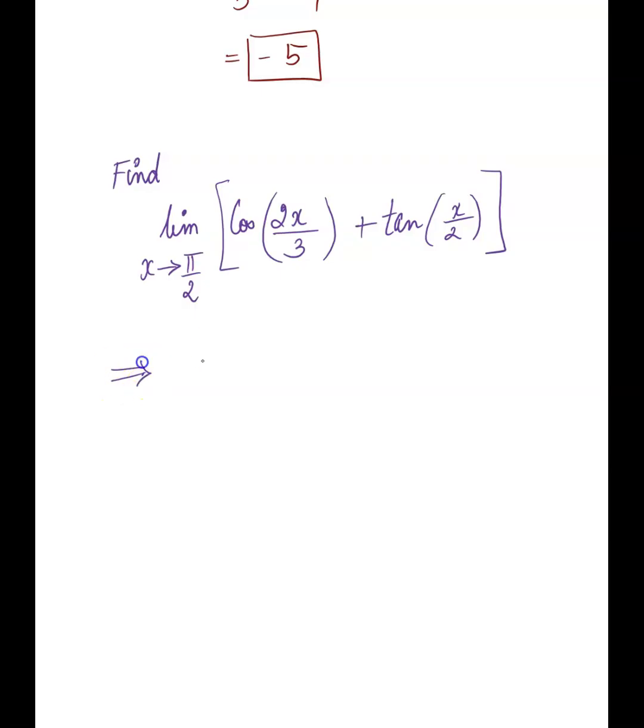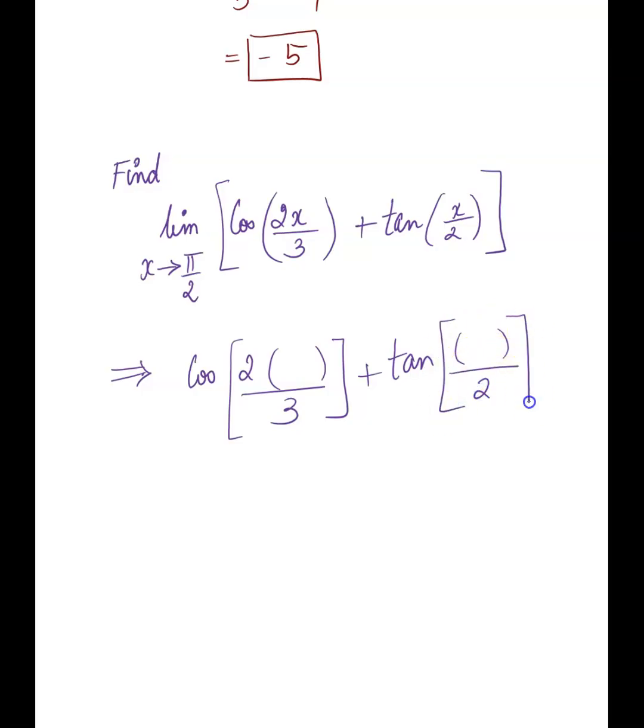So this implies we have cosine of 2x over 3 plus tan of x over 2. And remember, I'm putting in parentheses for the place of x so that I plug in correctly. If they gave you a negative pi over 2, then make sure that the sign is managed correctly, and then you'll have to use the oddness or evenness of the function from trigonometry.